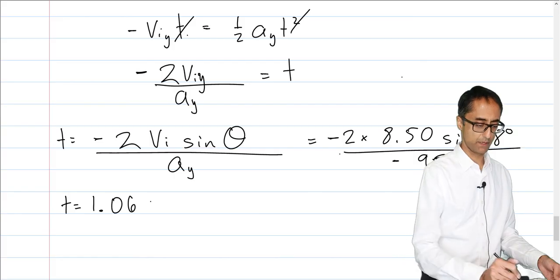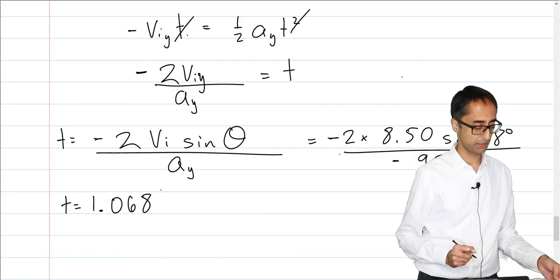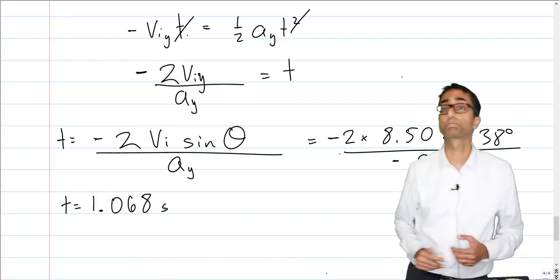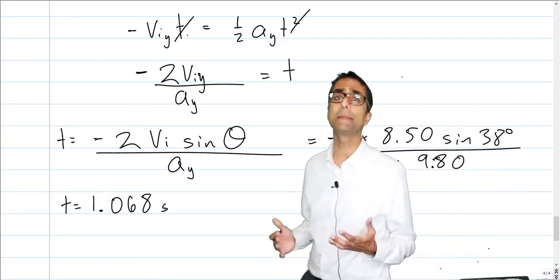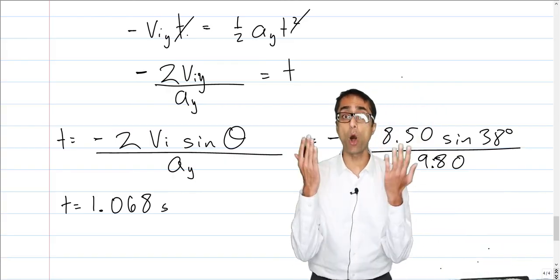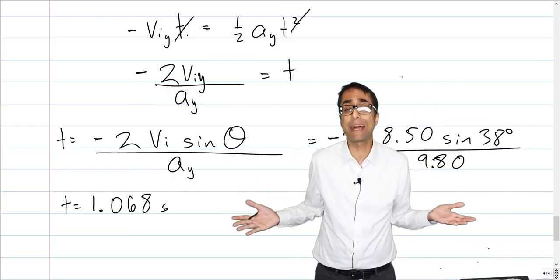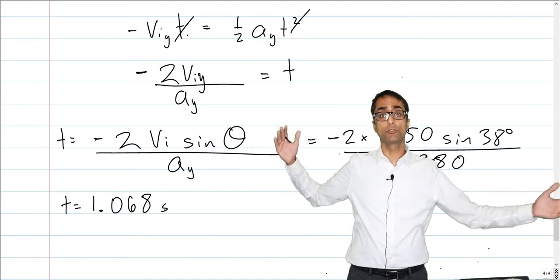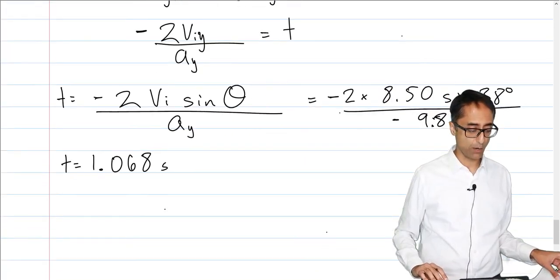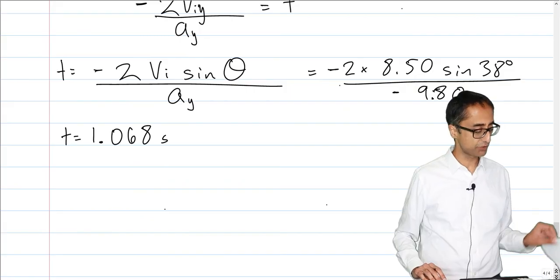That should be good enough. 1.068. Yes, very nice. And that's in seconds. All right. So now that we have the time it takes to make the jump in the y direction, we know that's the exact same time it takes in the x direction to go from x initial to x final.